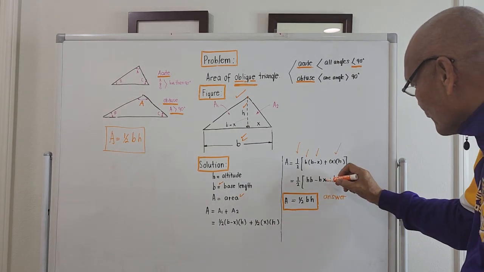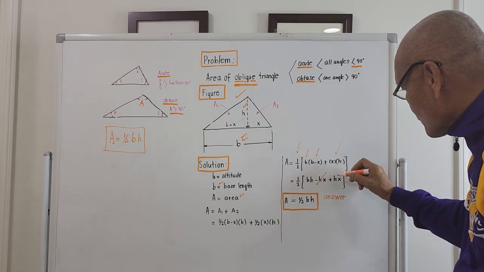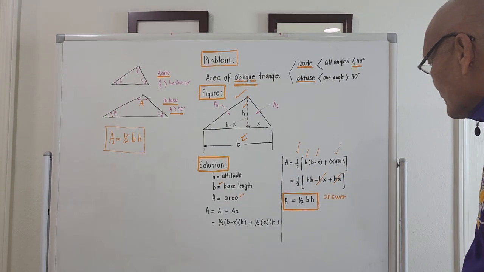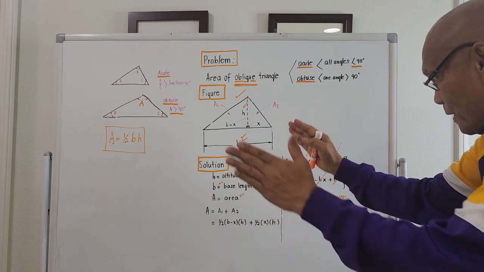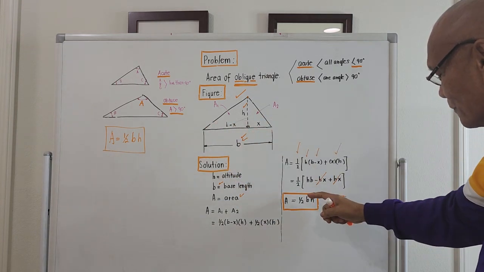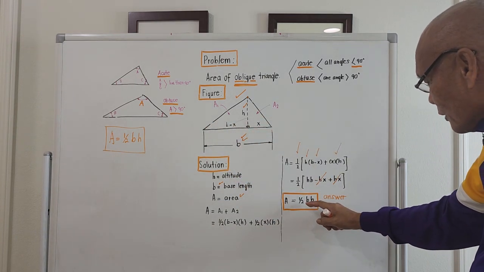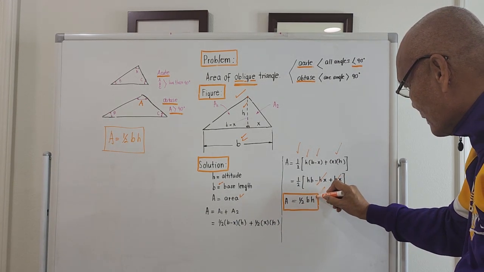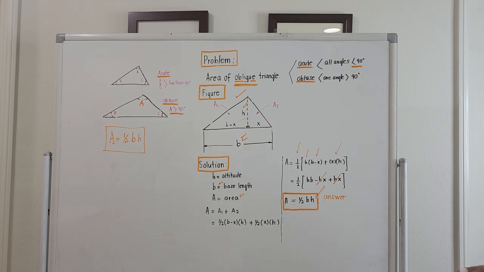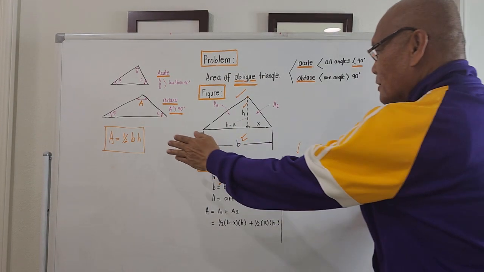And luckily, this cancels with this, right? So if we now simplify, the area for an oblique triangle will still be 1/2 of the total length of the base times height.